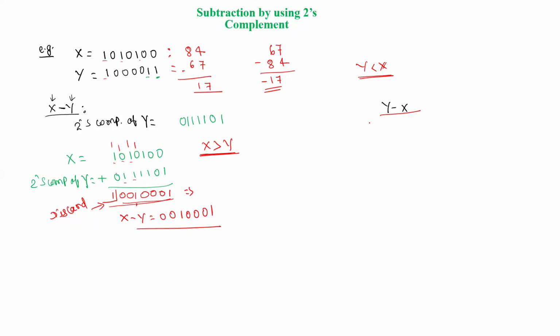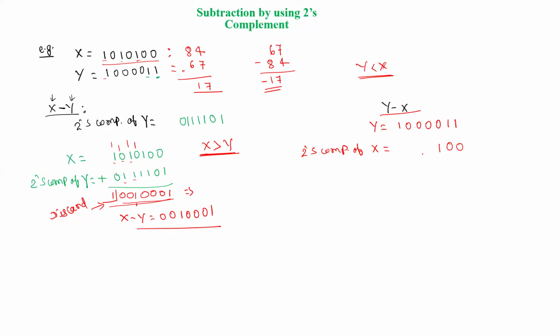So now here, what is the y value? y is 1, 0, 0, 0, 0, 1, 1. Now with this, the 2's complement of x will be added, since now the subtrahend becomes x. So we have to take the 2's complement of x. So what is the x value? This is the x value. So from the LSB side, we have 0. So that 0 should be unchanged. The first non-zero digit is what? 1. That also should be unchanged.